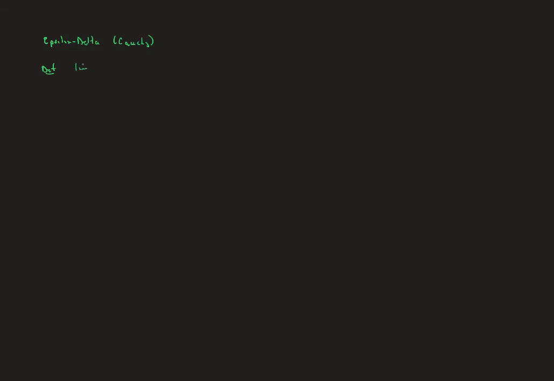So the limit as x approaches c of f of x equals L, if and only if for every epsilon greater than 0, there exists delta also greater than 0, such that the absolute value of f of x minus L is less than epsilon for all absolute value of x minus c less than delta.